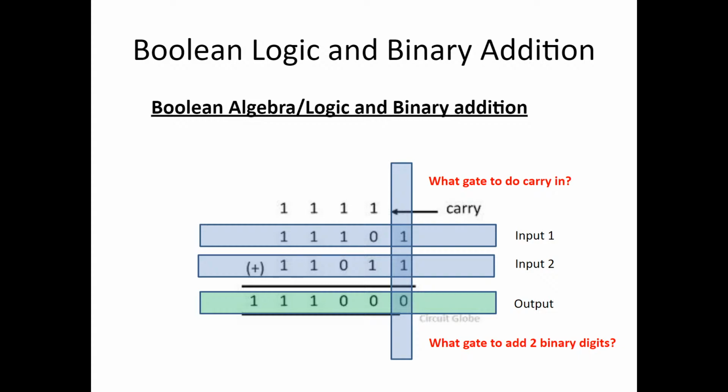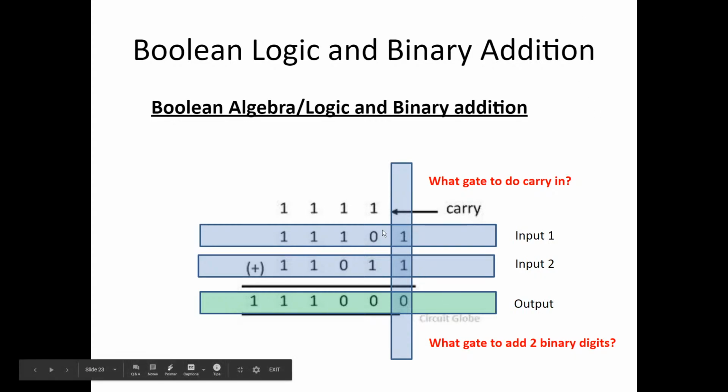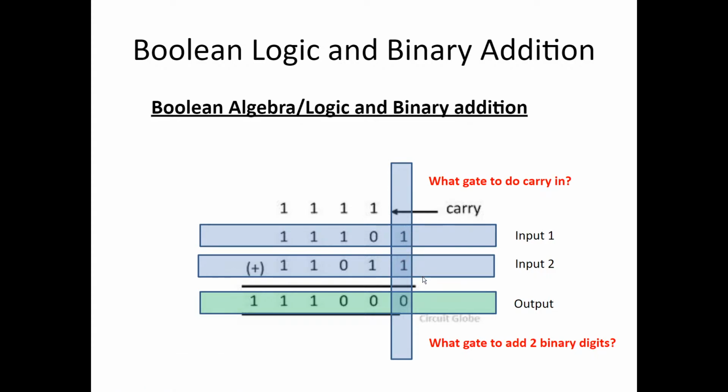So we have Boolean logic and binary addition. This is kind of a summary of what we've learned so far. If we look at this carefully over here, we have 1 and 1. In order to add these two binary digits together, if we were to just look at this column, I'll let you guys think about it for a little bit.